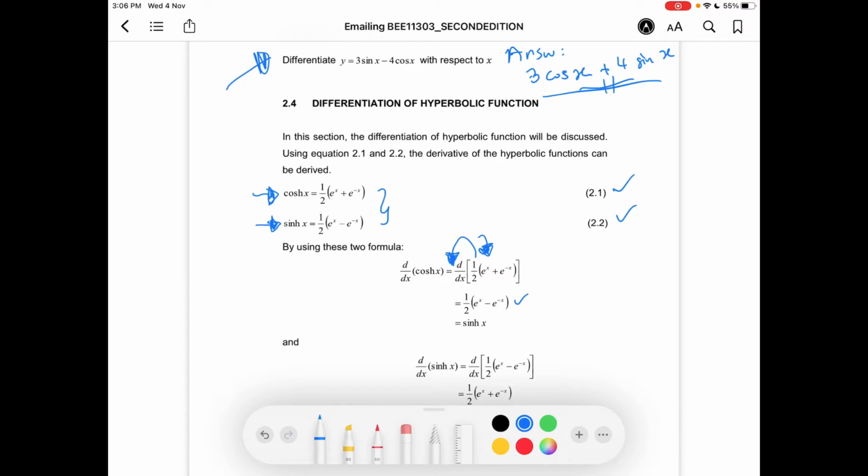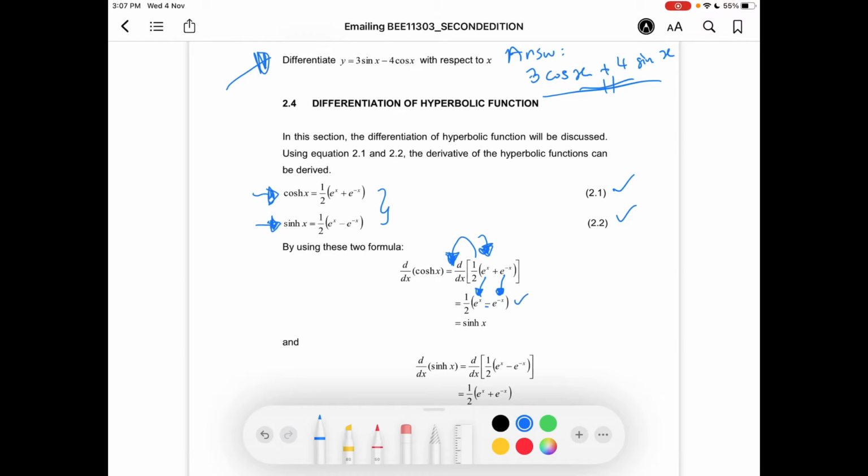So we only differentiate the exponent x and exponent negative x. When we differentiate exponent x, we will get exponent x, and when you differentiate the exponent negative x, we just apply the power rule, so you will get negative exponent negative x, right?